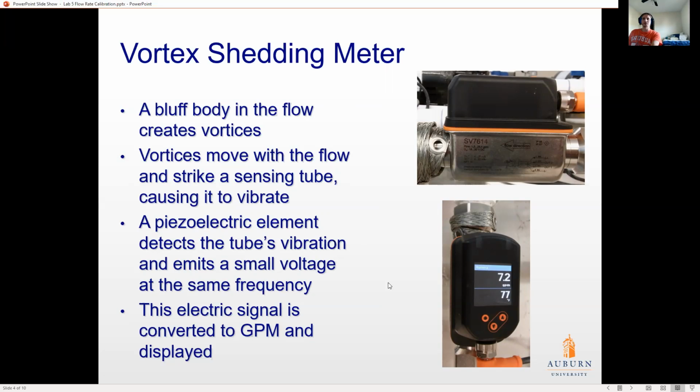So downstream from that bluff body, there's a piezoelectric element. So piezoelectrics emit a voltage, or they have an output when you get strain on them. So sometimes you will see load cells, if you're measuring very small loads, made of piezoelectric.